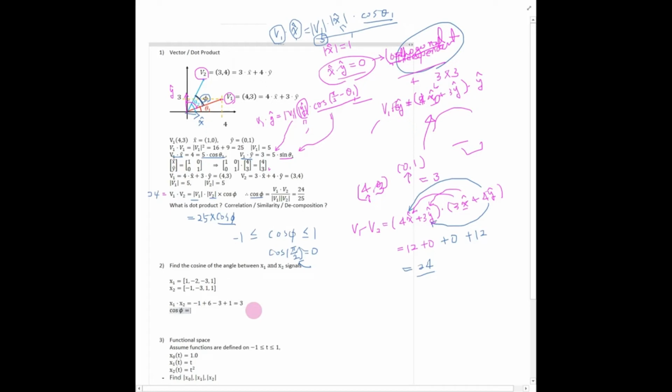To find that, we need x1 dot x2 divided by the magnitude of x1 times the magnitude of x2. The magnitudes can be found from the self dot product of each sequence. For x1 this gives 1 plus 4 plus 9 plus 1, which is 15.